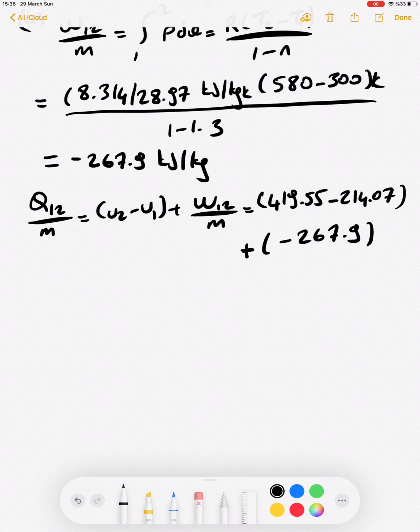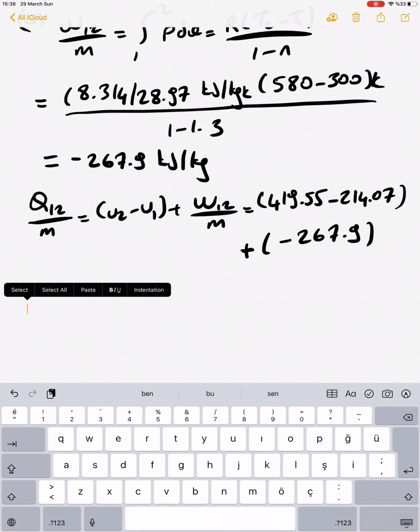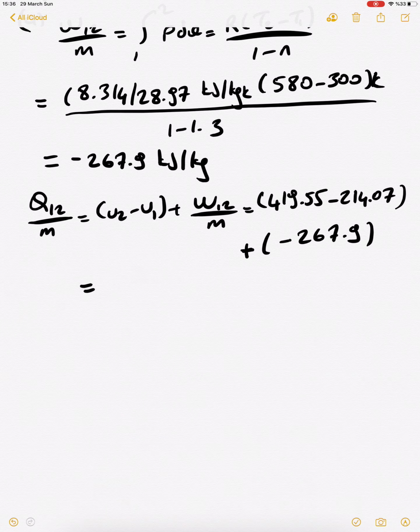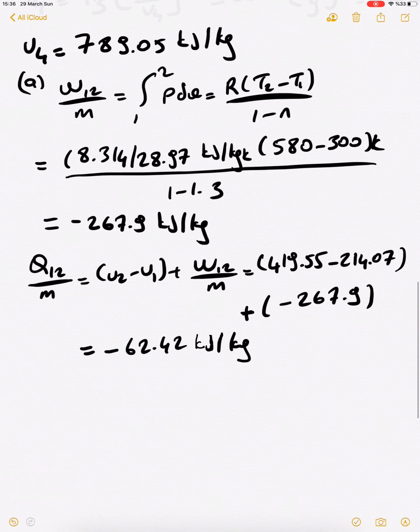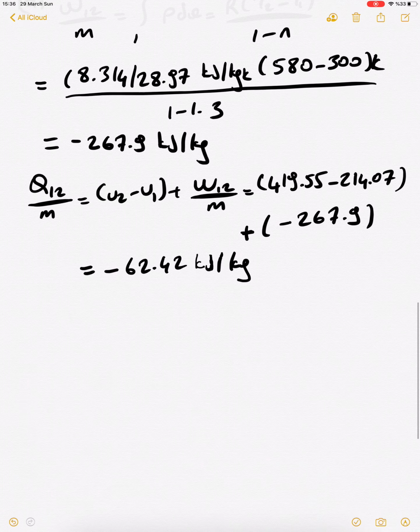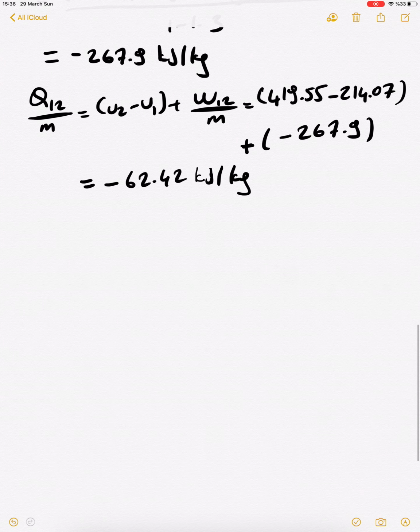So the result is going to be equal to minus 62.42 kilojoule per kilogram. So this is also negative, which means that heat is lost from the system. Work is negative and heat is also negative.